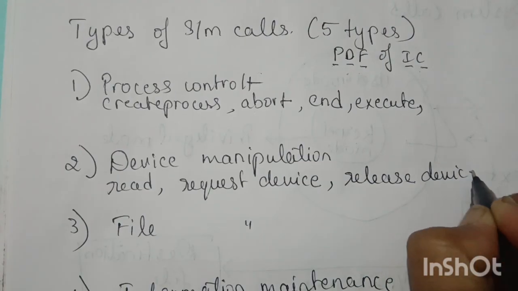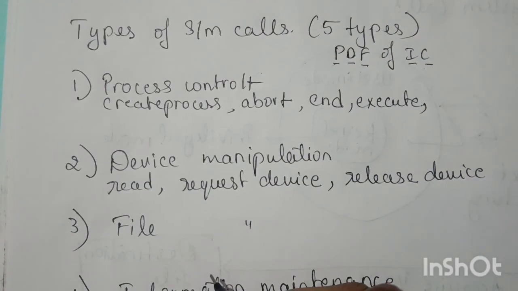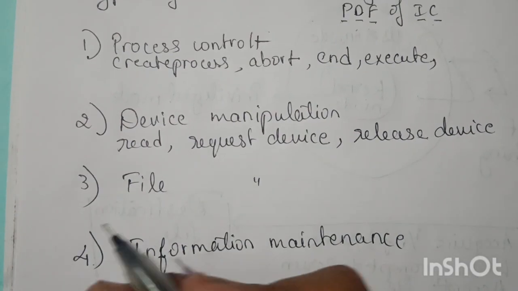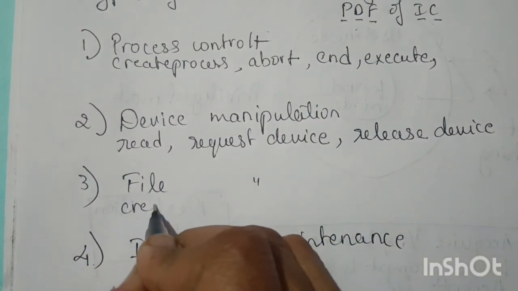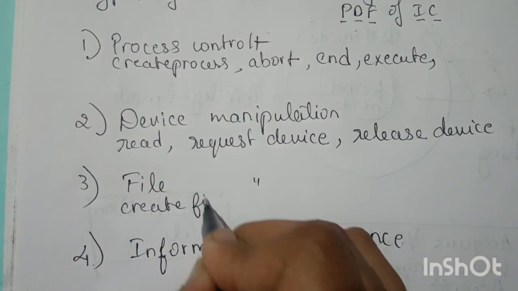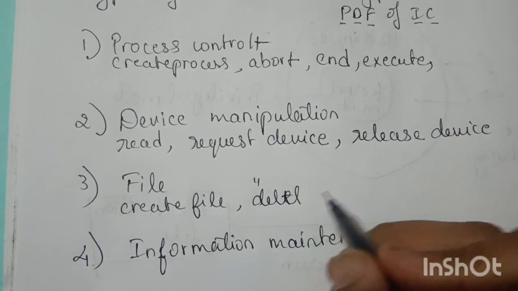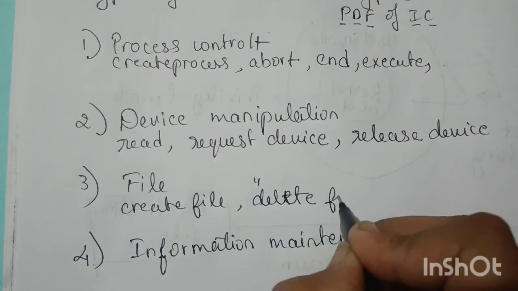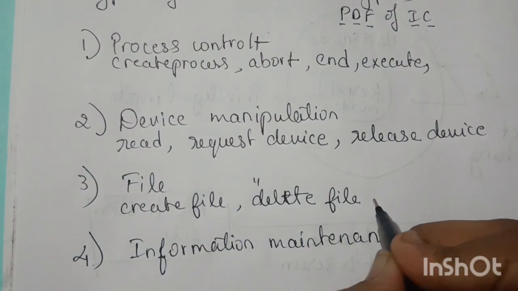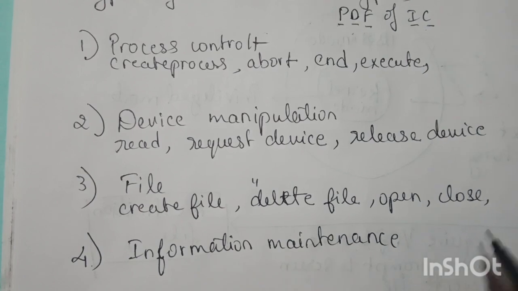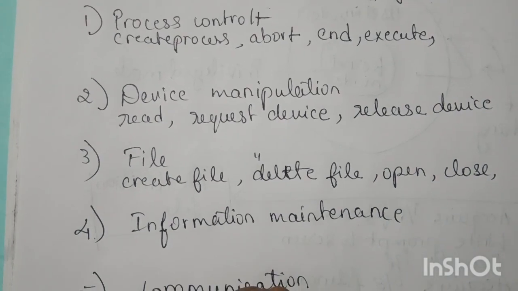There are many different system calls for your device. Now when I say file manipulation, you know about files: you have to open a file, create a file, delete a file, close, and so on. Again there are many system calls for your file manipulation.